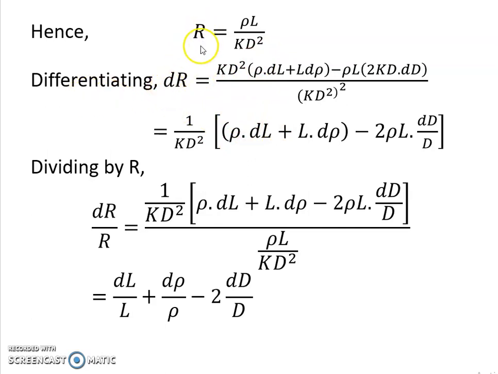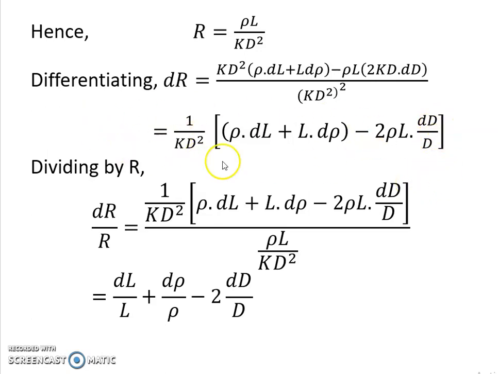Differentiating R, dR is equal to, after differentiation, K D square into rho into dL plus L into d rho minus rho L 2 K D into dD, divided by K D square whole square. Further simplifying, we get 1 divided by K D square into rho dL plus L d rho minus 2 rho L into dD by D.